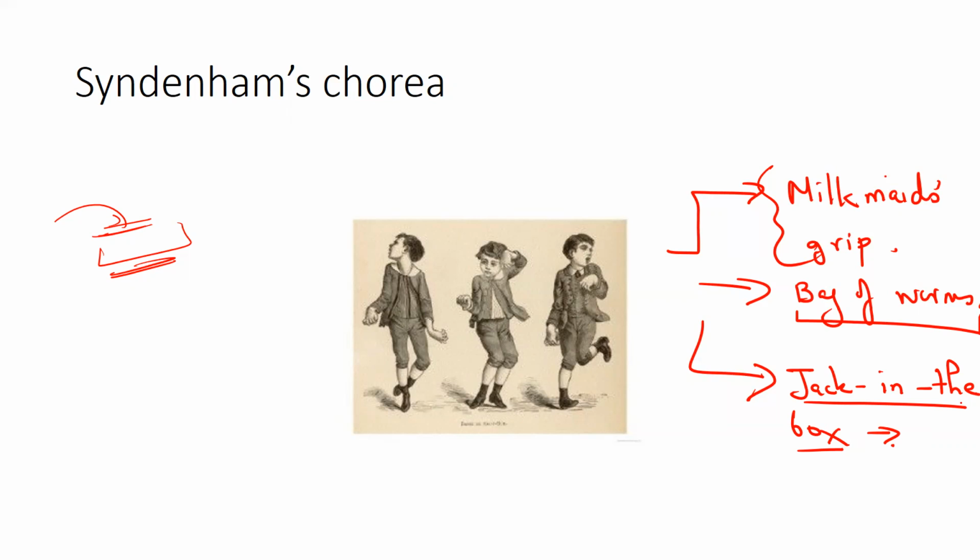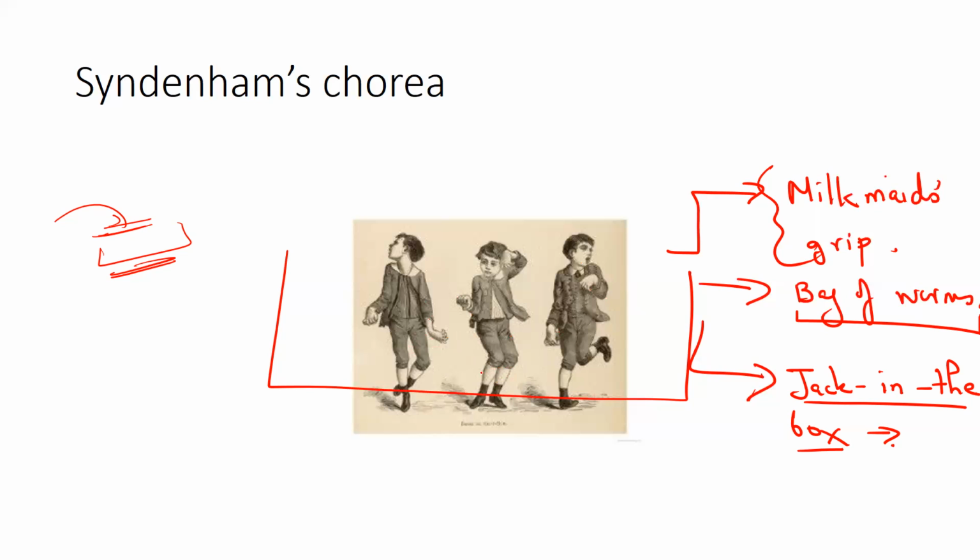These are some of the well-established signs which you can see in the patient. These patients come to you with abnormal involuntary movements, fast jerky involuntary movements of the extremities.